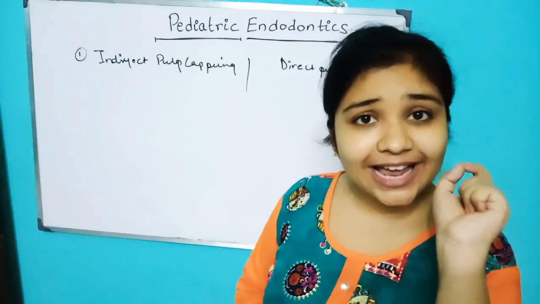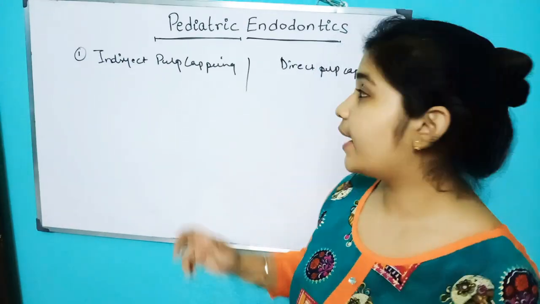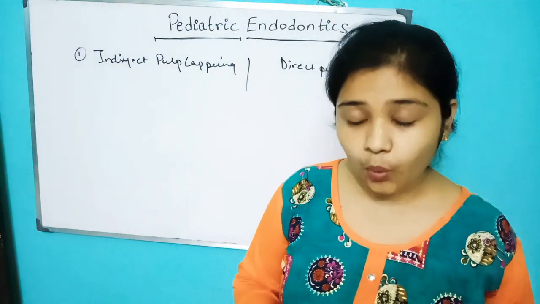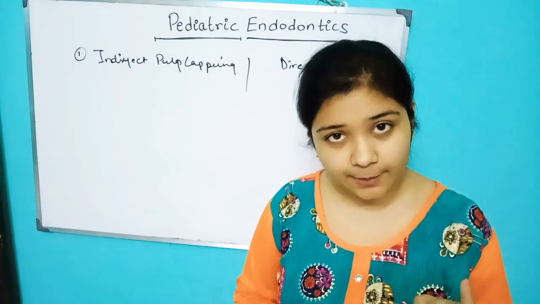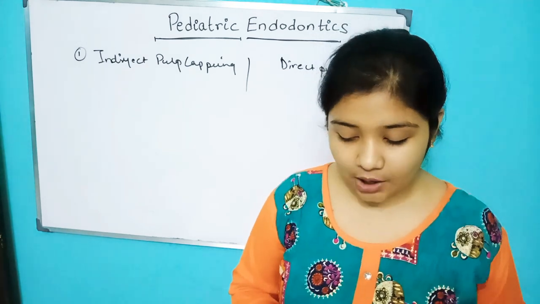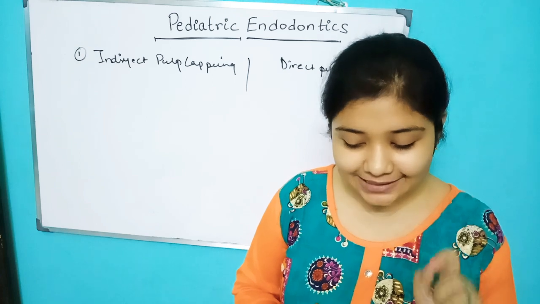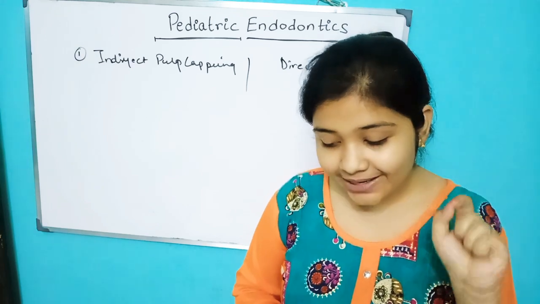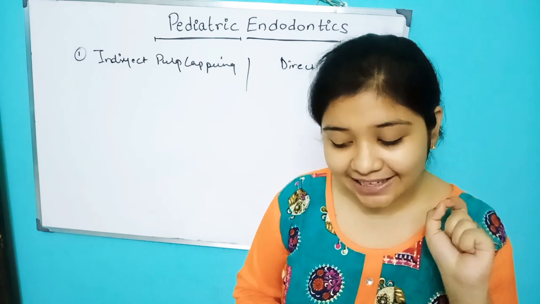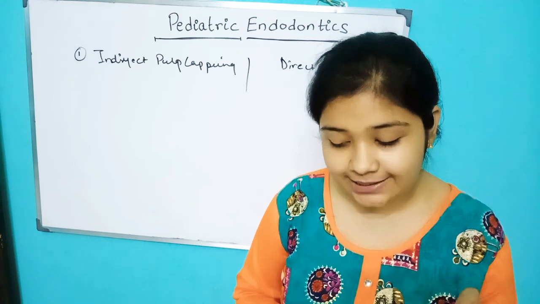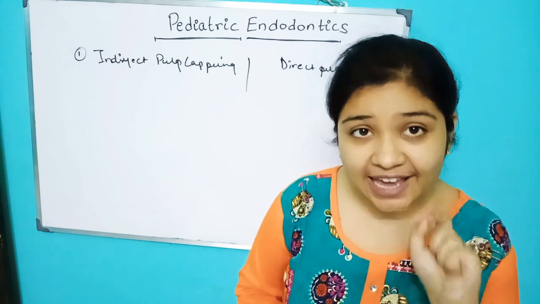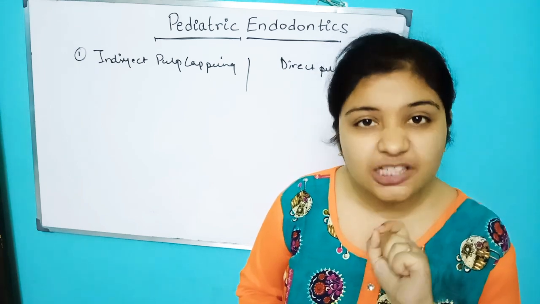Where a pinpoint exposure is seen, there we do direct pulp capping. Okay. So indirect pulp capping is where we have pulpal inflammation. Second, we can also judge when caries is minimal and complete removal of caries would cause a pulp exposure. Due to caries we are having a pulp exposure.